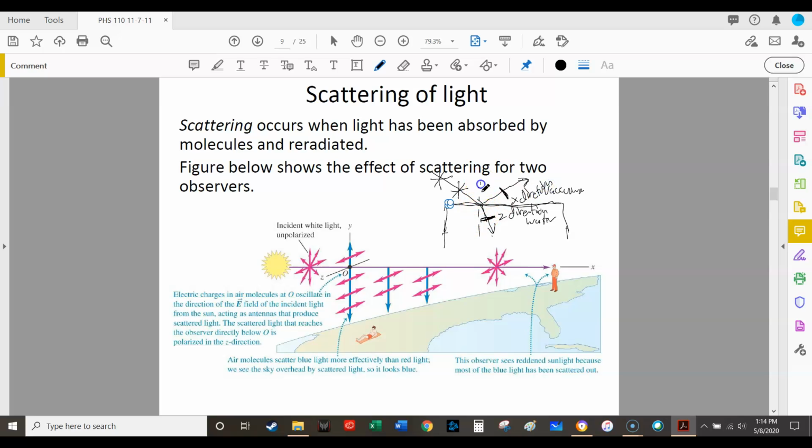Right? And that's at Brewster's angle. Well, the light rays that are refracting into our atmosphere from the sun, and sunlight is unpolarized, are going to get polarized along the Z direction, okay?